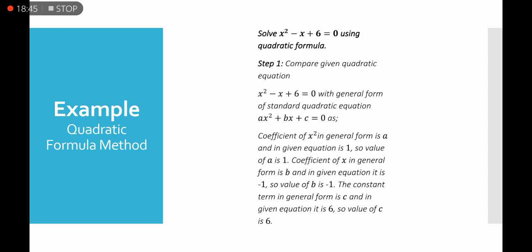The coefficient of x is b and in the given equation it is −1, so the value of b is −1. The constant term in the general form is c and in the given equation it is 6, so the value of c is 6.